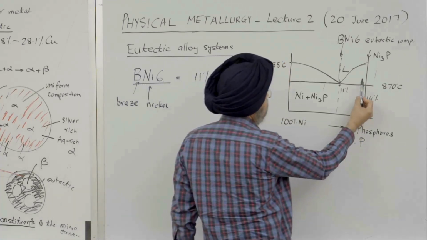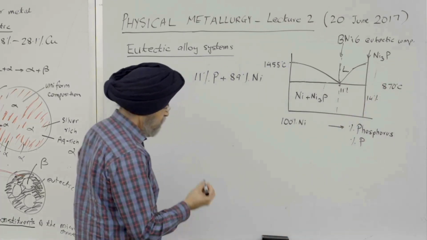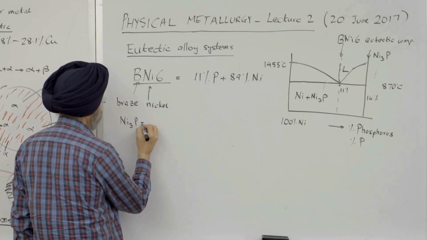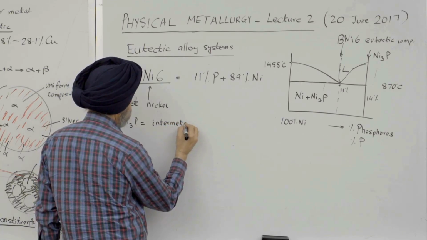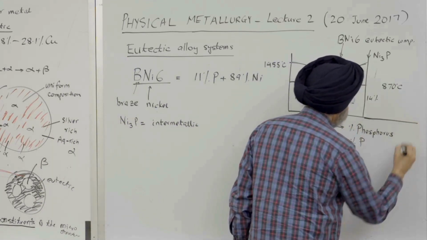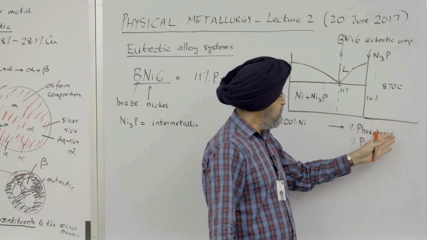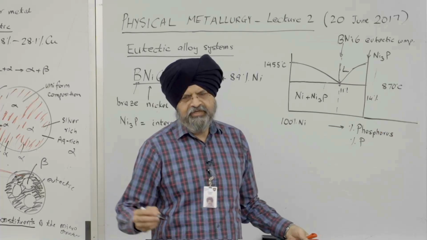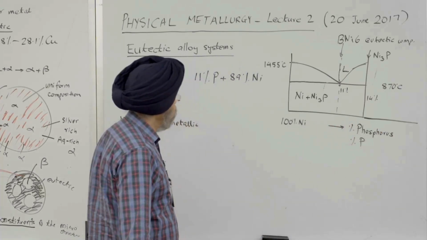And then we have a vertical line that is Ni3P. So this Ni3P is what we call an intermetallic. Now, this phase diagram continues onwards, but we're really not interested in this portion of the diagram because we're not interested in 100% phosphorus, right? That will just vaporize. So our interest is only in the left portion of this diagram.